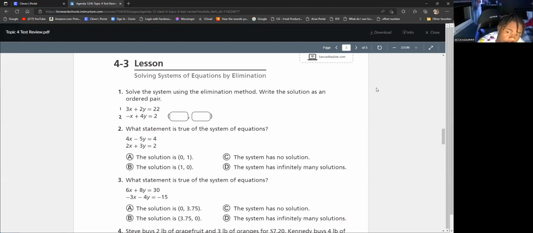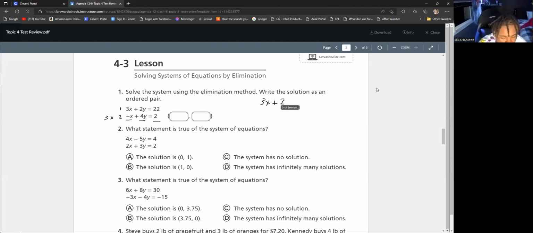Okay, good. If we multiply 3 times number 2, what's the new number 2? -3. Right, give me the whole thing. -3 plus 4y equals 2. Well, you have to multiply this by 3, and this by 3. Everything.